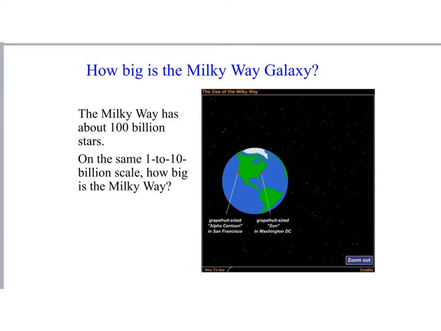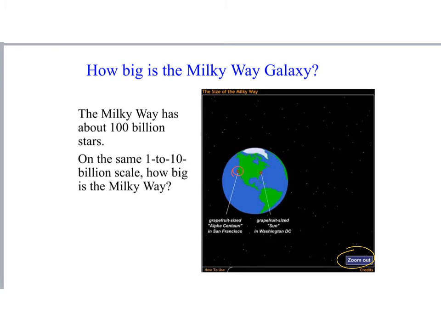If the closest star to us, us being a grapefruit-sized Sun and the planets around it in Washington D.C., then the closest similar system that exists up there is in San Francisco. So follow this applet and you can zoom out or in just to play and figure out the scale of things.